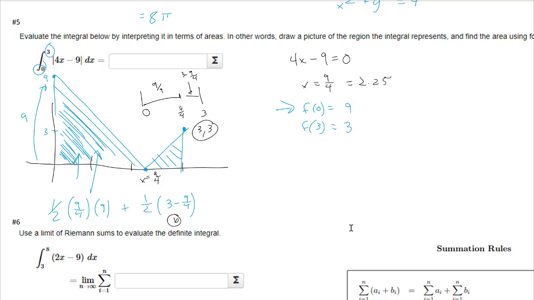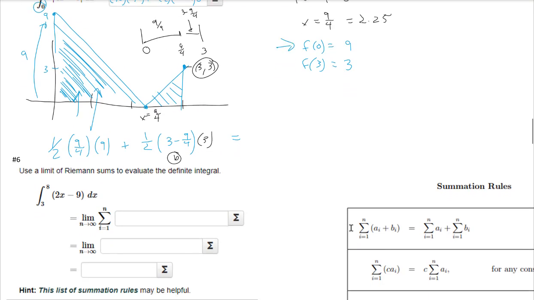Yeah, that's at the point 3, 3 right there. So the height is 3. So then our answer here is just going to be, let's do 1/2 times 9/4 times 9 plus 1/2 times 3 minus 9/4 times 3. And Webwork will take that.